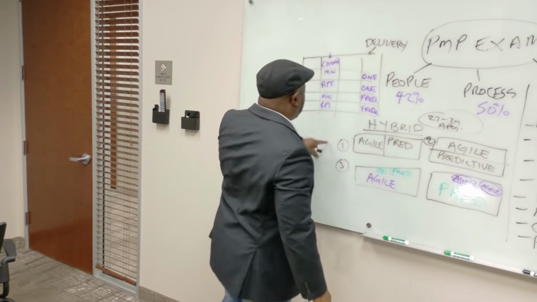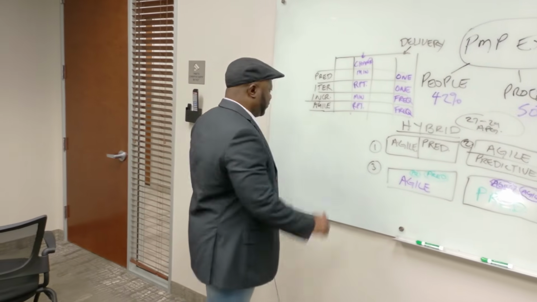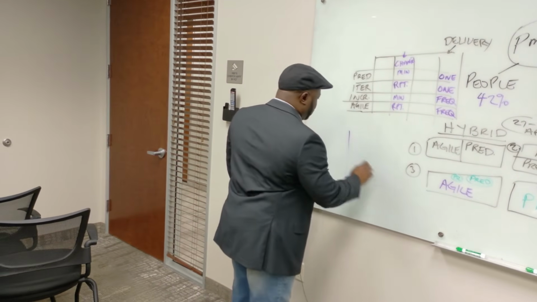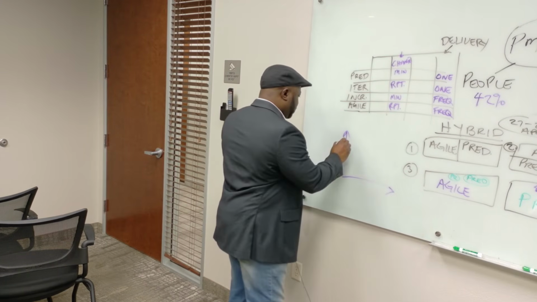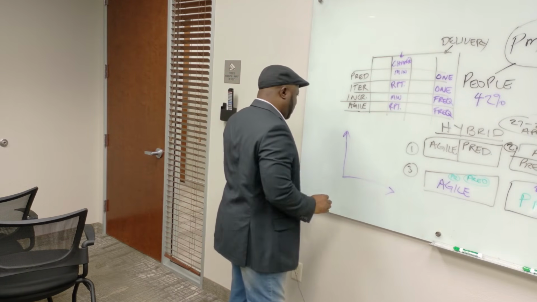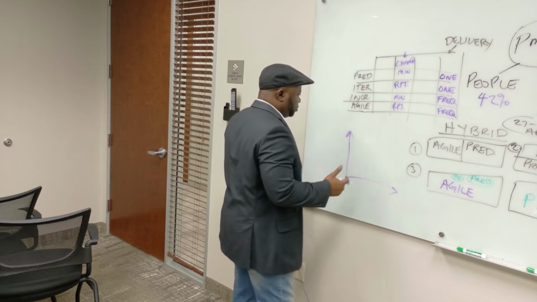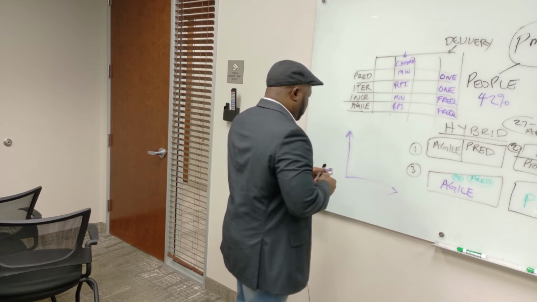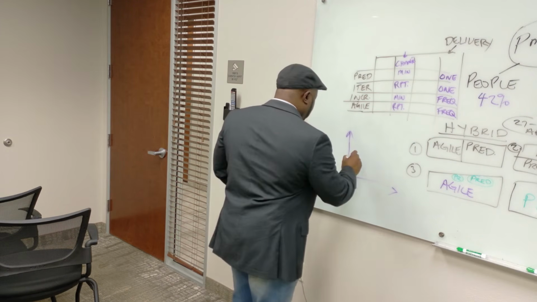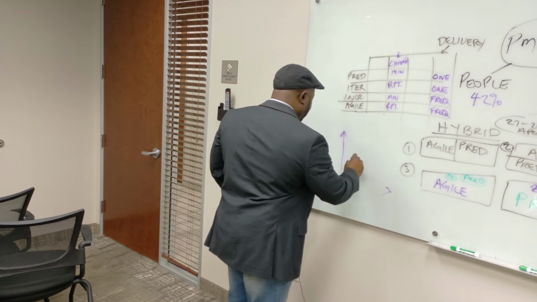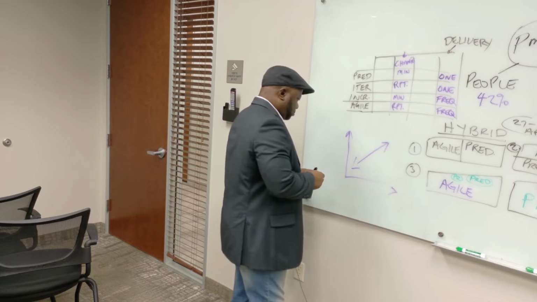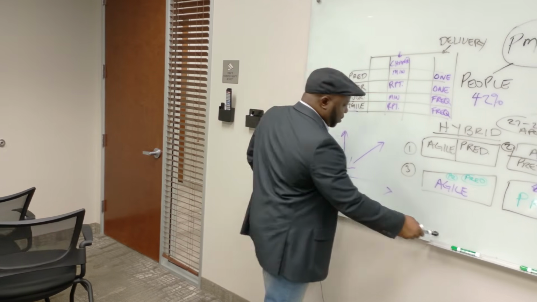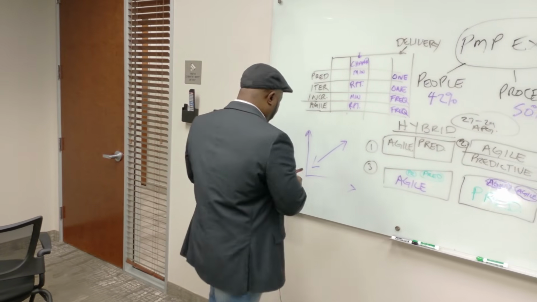Now, while this section isn't in the table itself, there's another image that shows on this continuum, you have the two dimensions, and then you have something that looks like this. It's called the continuum of life cycles.